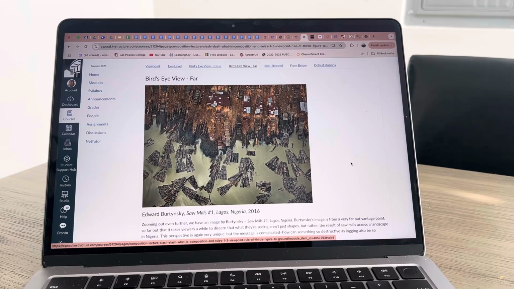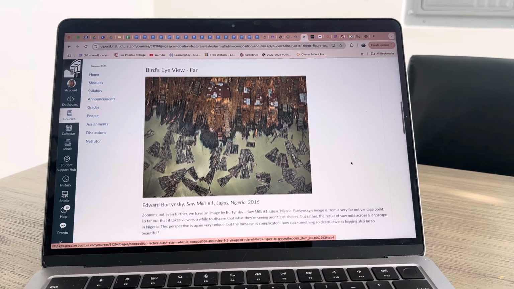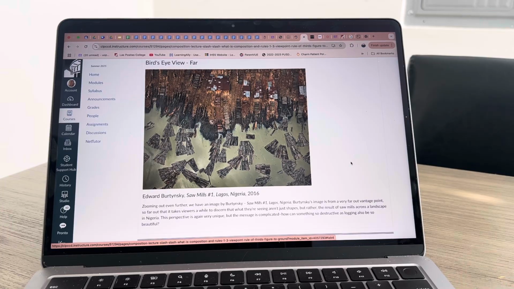Bird's eye from far. Edward Burtynsky, Sawmills #1, Lagos, Nigeria, 2016. Zooming out even further, we have an image by Burtynsky, Sawmills #1, Lagos, Nigeria.